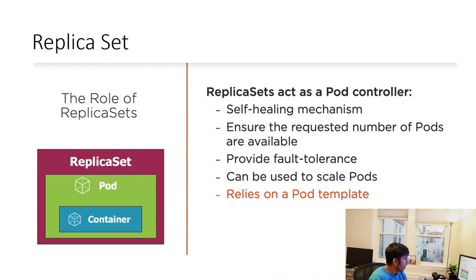It ensures the requested number of pods are always available. So if you say there should be 4 pods, which have 4 containers here, it makes sure that these many pods are always there. It provides fault tolerance, and it can be used to scale the pods. It also relies on pod templates. You've got to write some stuff, which we will see.